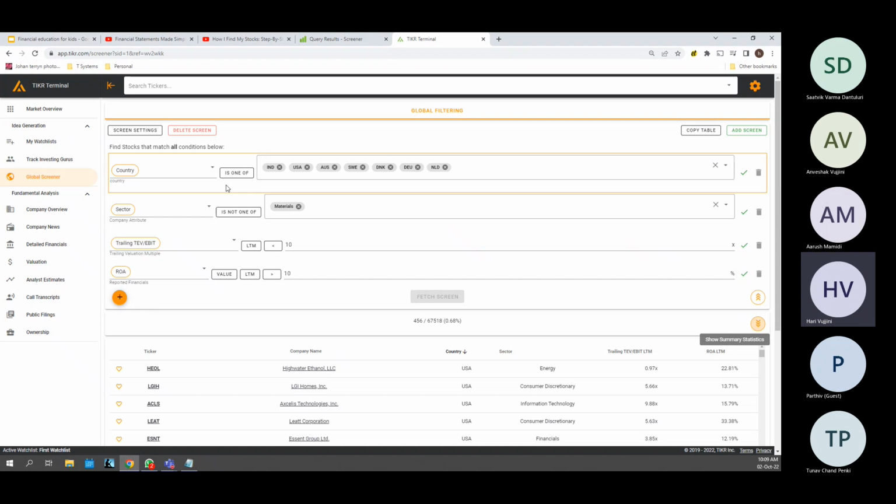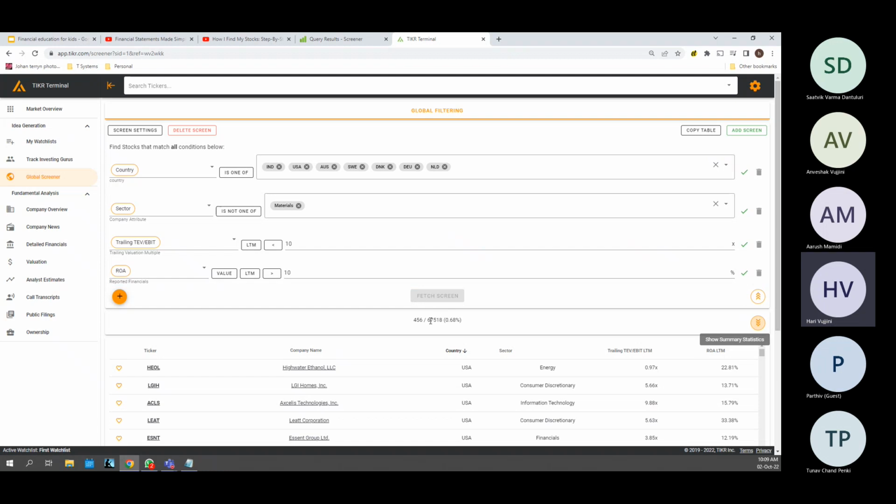Because if you see in global markets, the countries we selected: India, US, Australia, Switzerland, Denmark, Germany, Netherlands. We have a total of 67,518 companies.